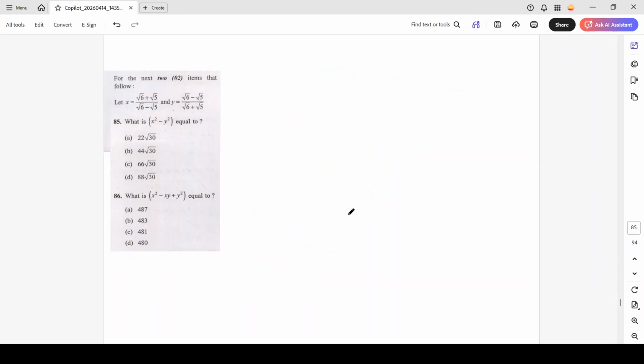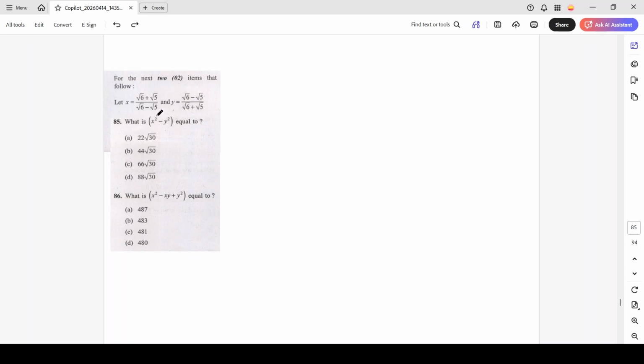Now move on to the next question, question number 85. X is root 6 plus root 5 upon root 6 minus root 5. Y is equal to root 6 minus root 5 upon root 6 plus root 5. What is the value of x square minus y square and x square plus y?